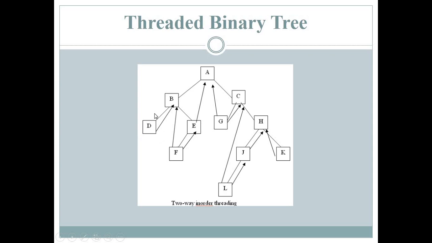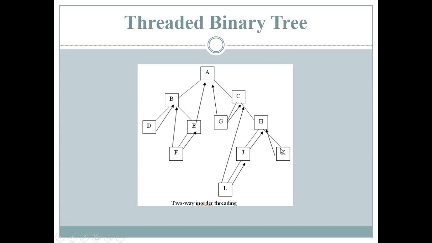Here is the answer for the leftmost node and rightmost node. Our explanation says if your rightmost node's right child is null, then it will point to the next node in the in order traversal.